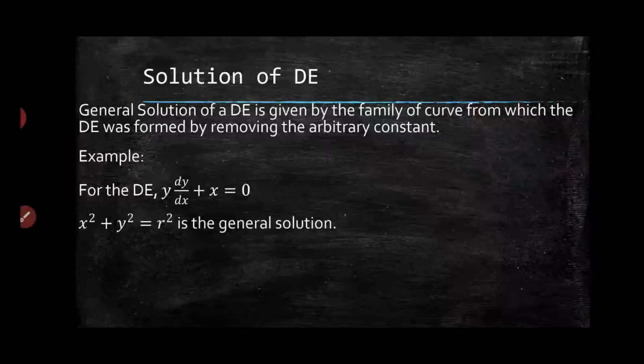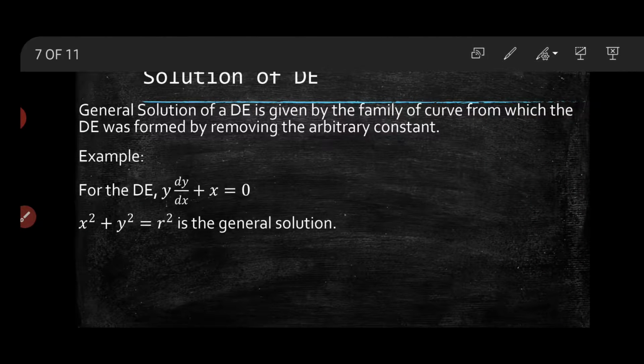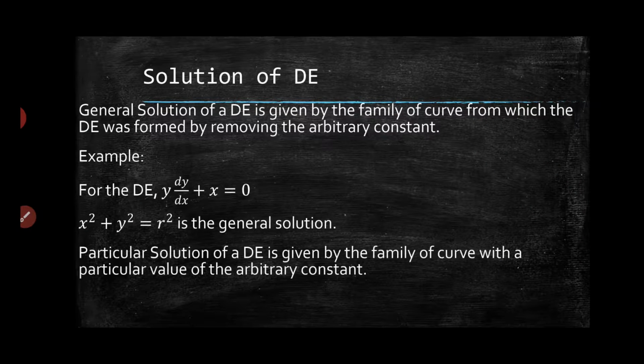So x square plus y square equals to r square is the general solution of the differential equation. Now there is another kind of solution which is called the particular solution. Particular solution means it is not going to give you the whole family of curve, but one member of the family of curve, any one member of the family of curve. So in that case it is called a particular solution.